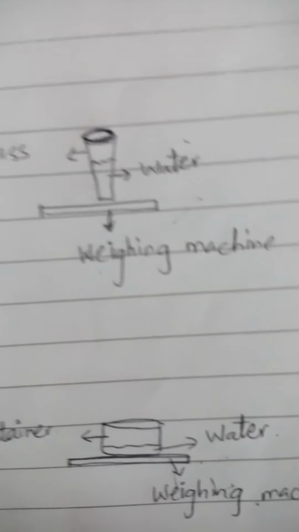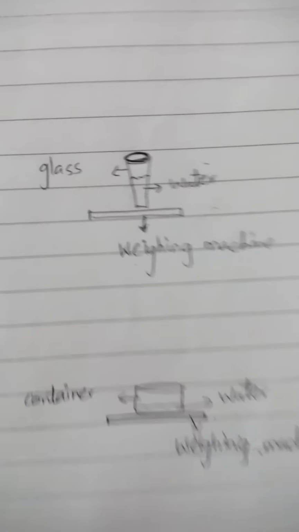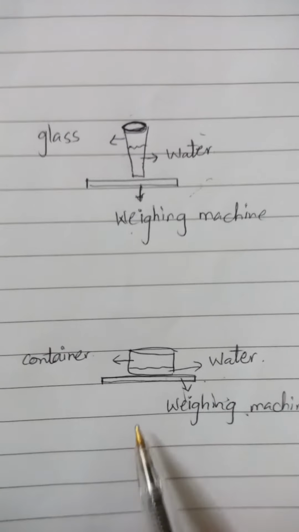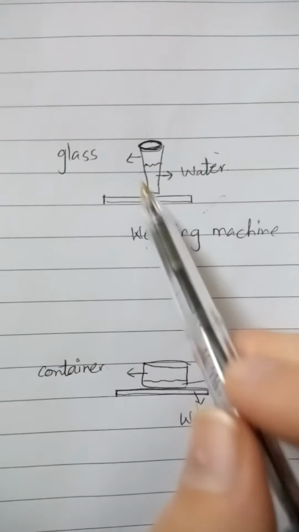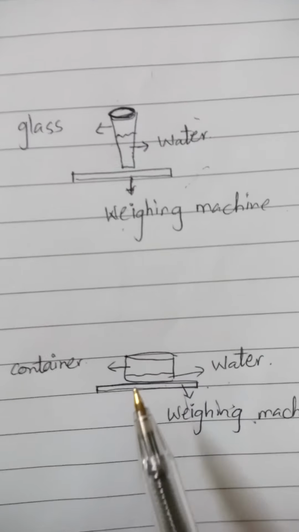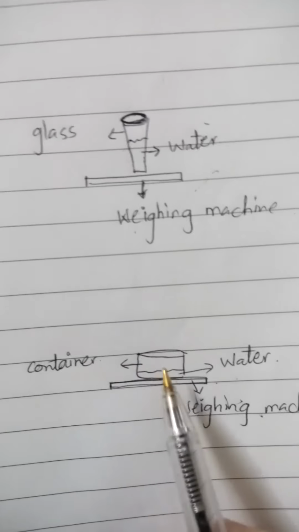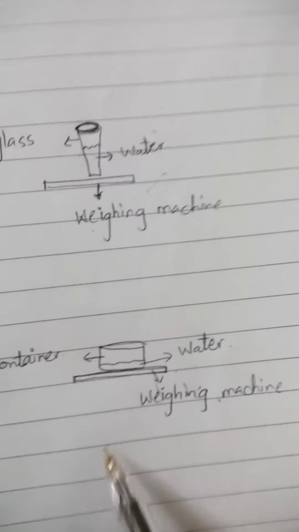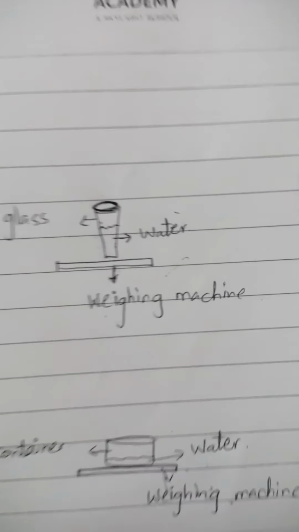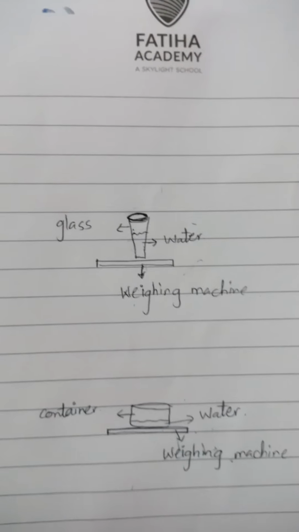You're not subtracting the weight of water, you are only subtracting the weight of the glass. And when you pour all of the water from the glass into the container, weigh it on the machine, and subtract the weight of the container from it, the weight of water will remain the same. So this tells us that liquids have the same volume. They have fixed volume.